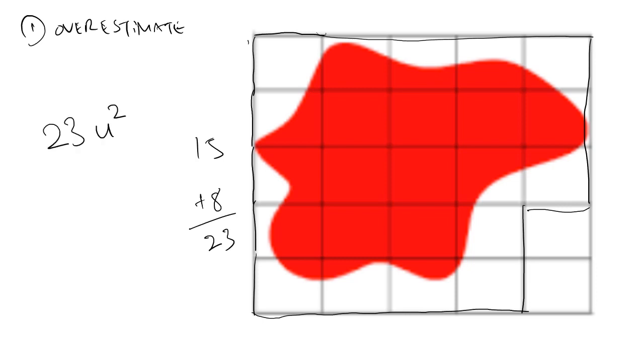Now, we know that's too large, right? Because we've included a lot of area. I'll now do blue. We've included a lot of area here that obviously shouldn't be included. So this is our overestimation, 23.